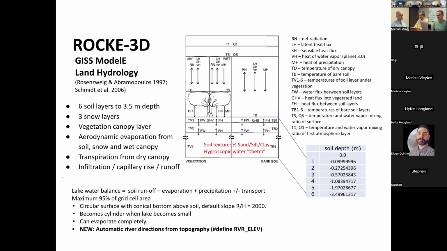So basically, speaking of ground hydrology, we have 6 soil layers which go to 3.5 meters deep. Then on top of it, we can have a 3 snow layer snow model, which basically can get as thick as you want, but we already discussed some parameters which can be used to restrict the thickness of snow.